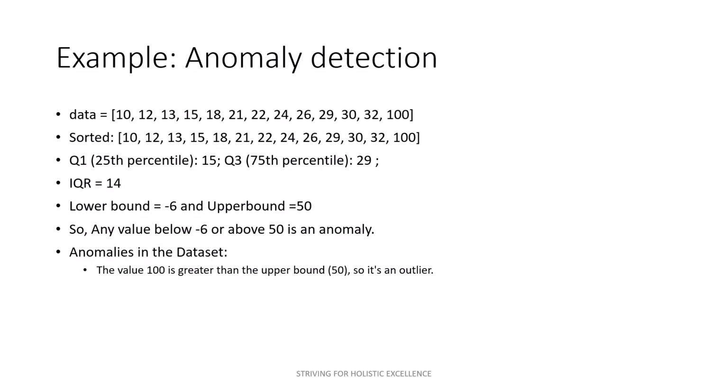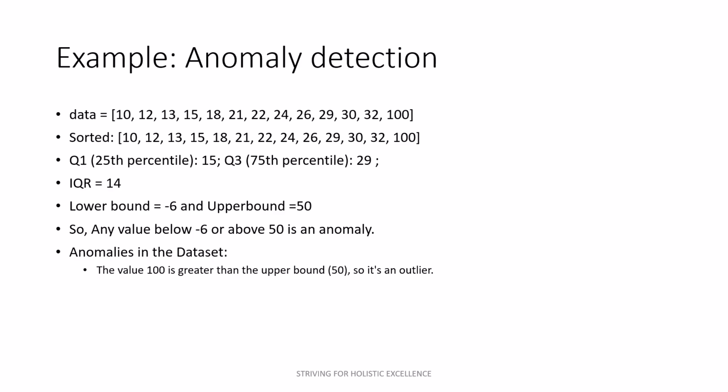Now, how do we find the lower bound that we saw? That is Q1 minus 1.5 times IQR. So Q1, which is 15, minus IQR, that is 14, times 1.5. Find that value: IQR times 1.5 is 21.